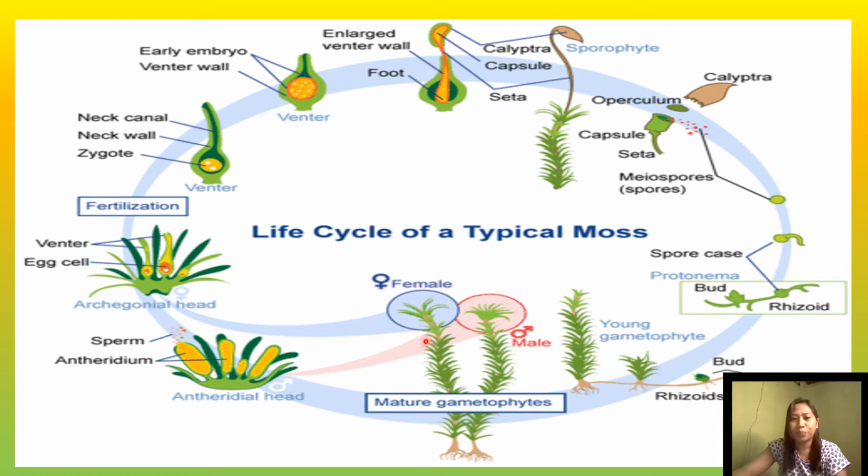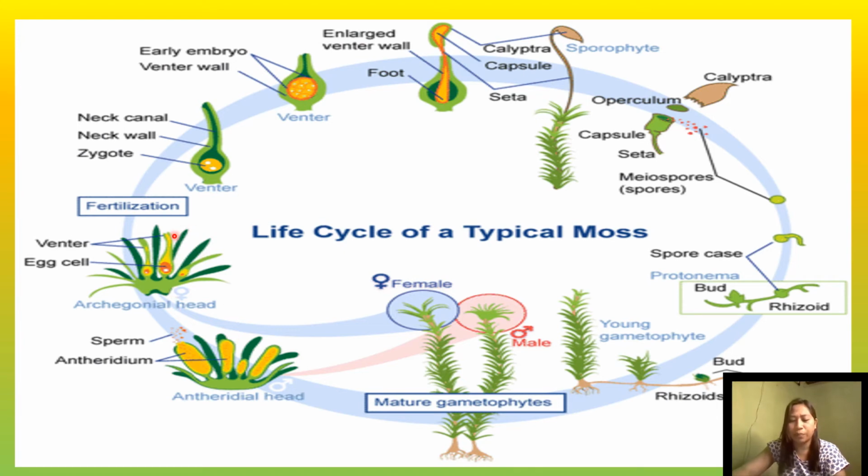Okay, so when the cycle continues, the next is the fertilization stage. So how do this egg cell and sperm cell unite? So these two will be combined and grow into a young moss plant.